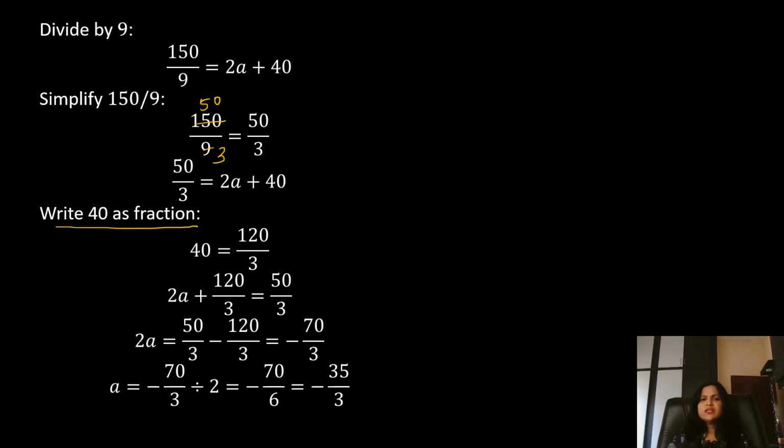What you do is multiply both numerator and denominator by 3, because I want denominator 3 here. Any number, multiply both numerator and denominator by the same number. The 3 and 3 get cancelled, remains 40 only. 4 threes are 12, that is 120 by 3. That's why write this 2a plus 120 by 3 equal to 50 by 3.